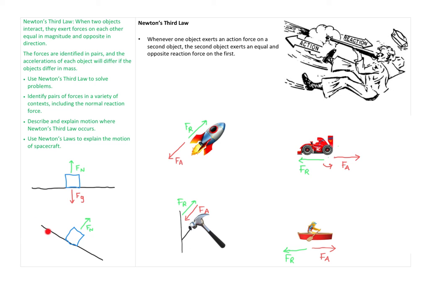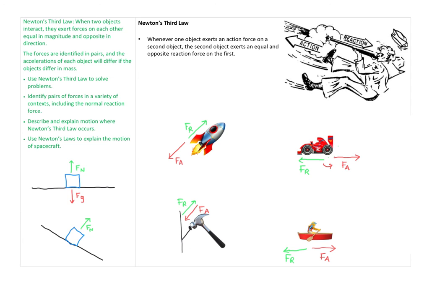The fact that this reaction force here, the normal force, always acts at 90 degrees to the surface, so the reaction force to gravity is the normal force, does have some interesting applications that we will explore next year. But for now, normal force is just that equal and opposite force due to gravity, but it always is exerted at 90 degrees to the surface of the ground.